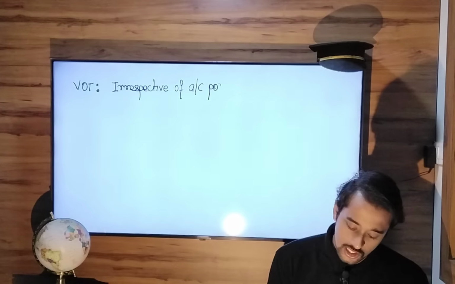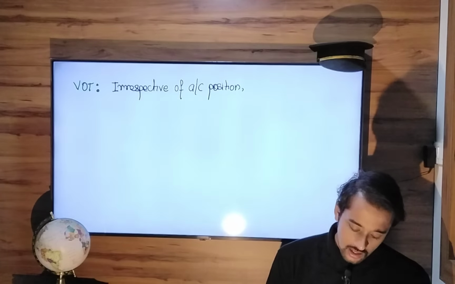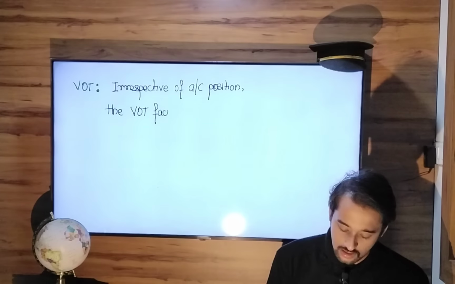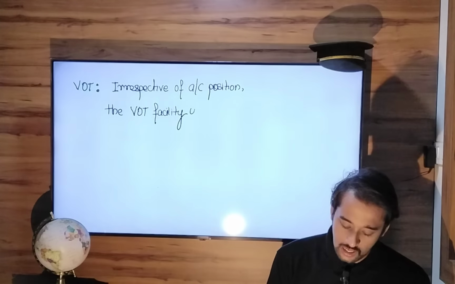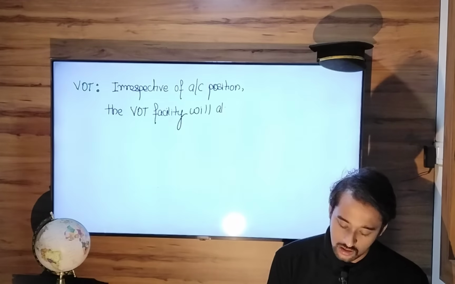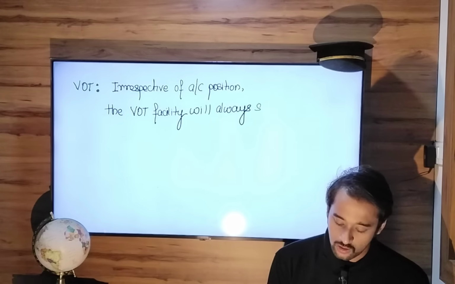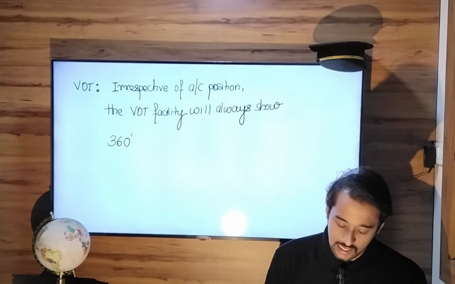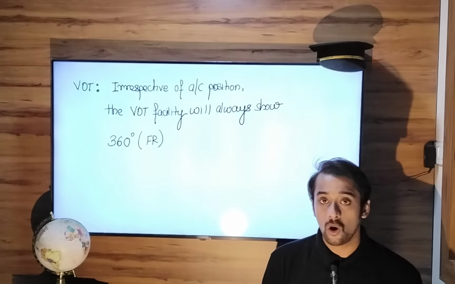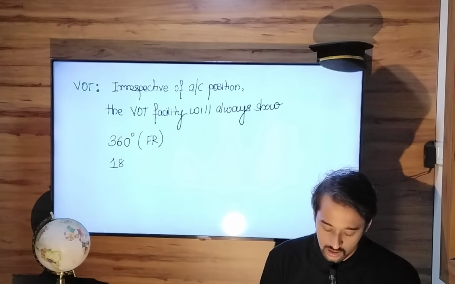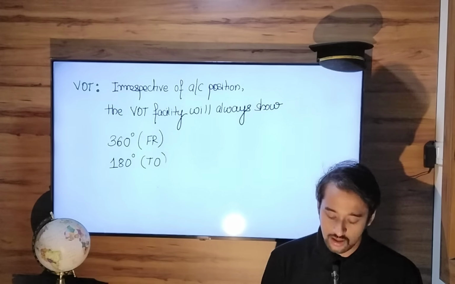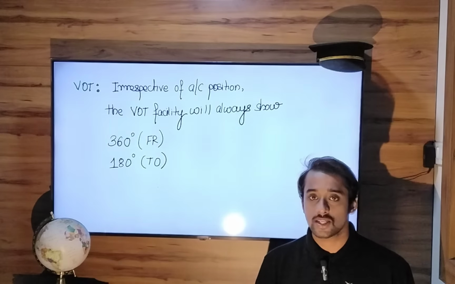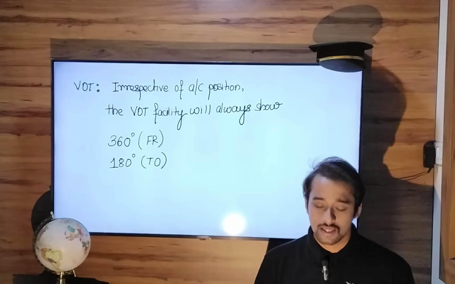Irrespective of aircraft position, the VOT facility will always show, or it will give the information, 360 from indication or 180 to indication.